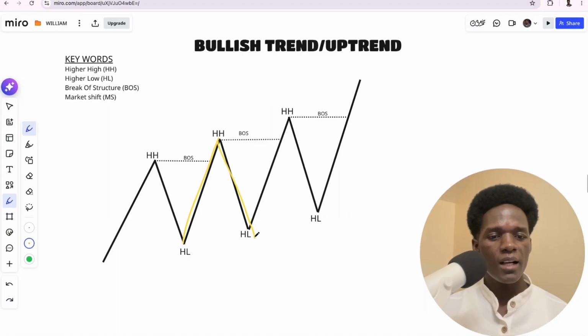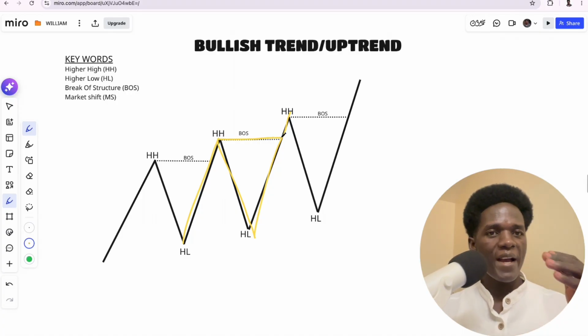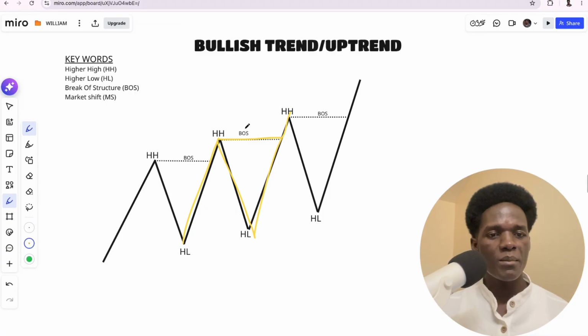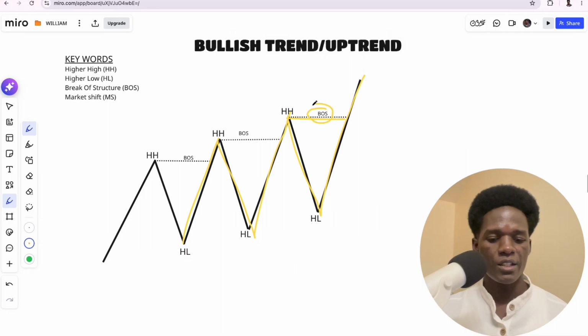Come back, goes up again and breaks another significant high or higher high. This becomes another break of structure. Come back, goes up and breaks another higher high. This becomes another break of structure.